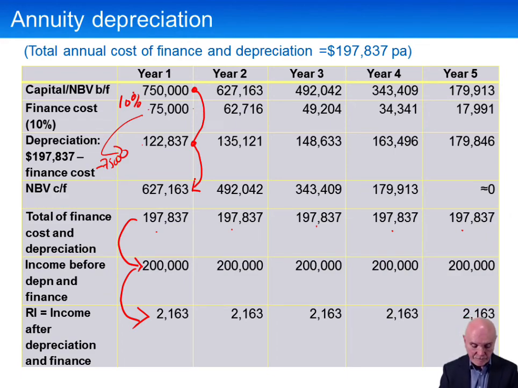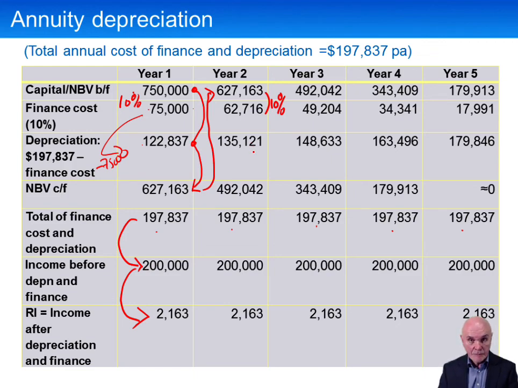The next year, so this was our net book value carried forward, it goes up to here. The finance charge is going to be 10% of that value. So here we have 10% again. And the depreciation is going to be 197 less the finance charge. Okay? Finance charge and depreciation will always come up to this annuity amount of 197,837. So that's the depreciation.